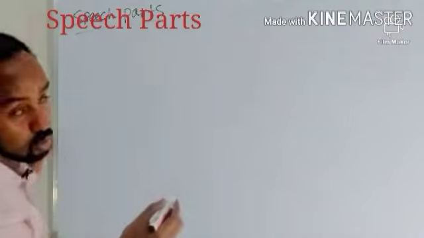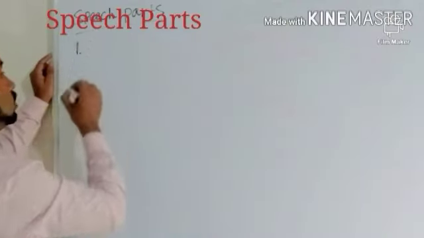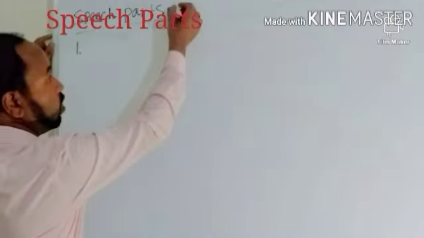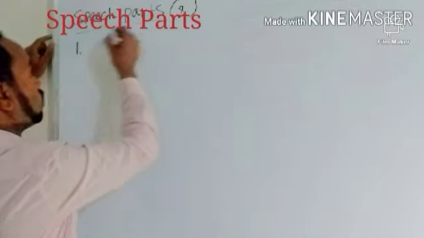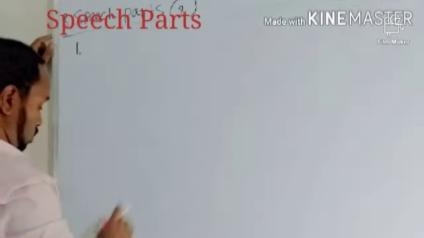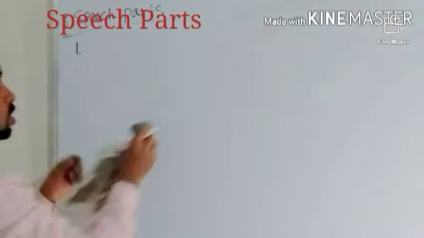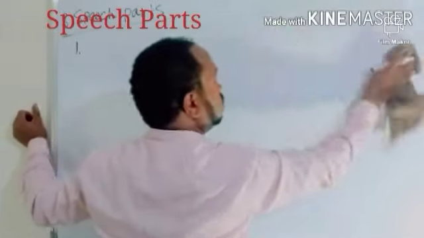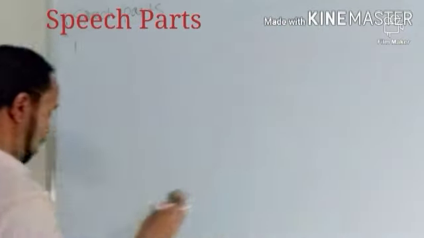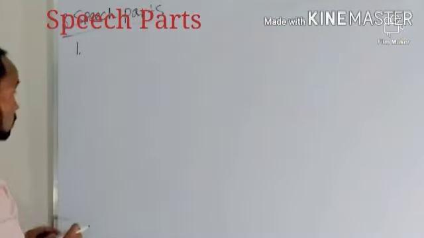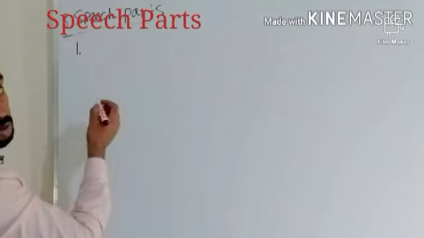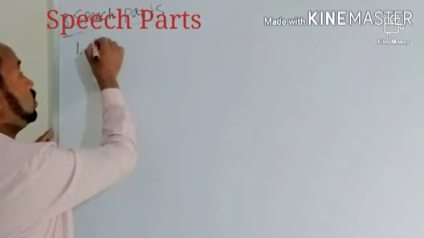For instance, I'll show you this one by one. We say in the English language we have 8 speech parts. Now let's go one by one. The first speech part is noun.